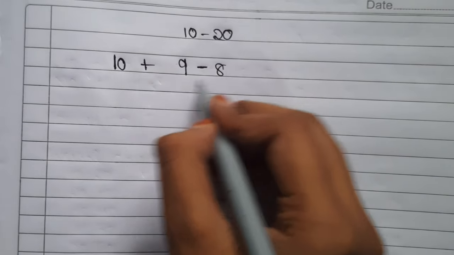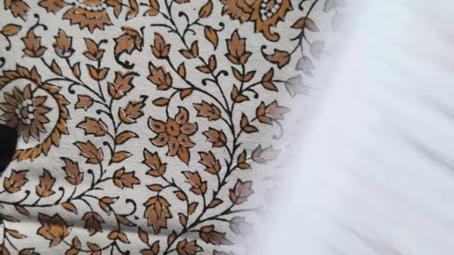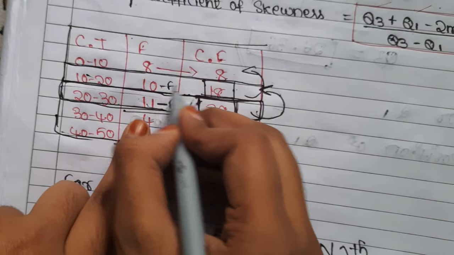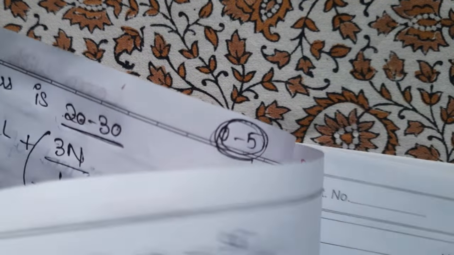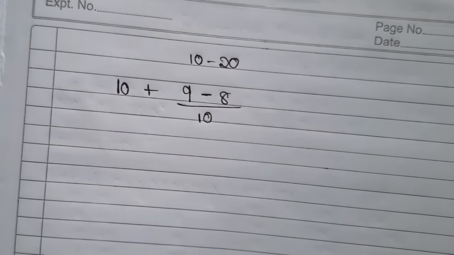8 by frequency. How much is the frequency in this 10 to 20 range? F is 10. So we are going to take f here, it is 10. Yes, we got 10 only, no?